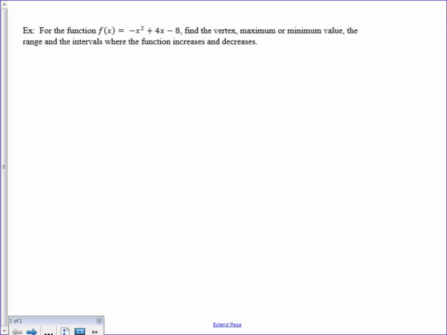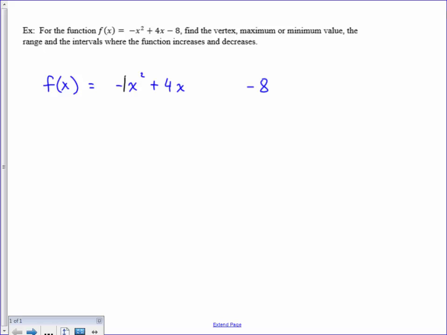That being the case, I know that I need to get my quadratic function into the proper form. So I'm going to start by separating the x terms from the constant term. Now in this example, notice that there's an understood -1 in front of x squared.